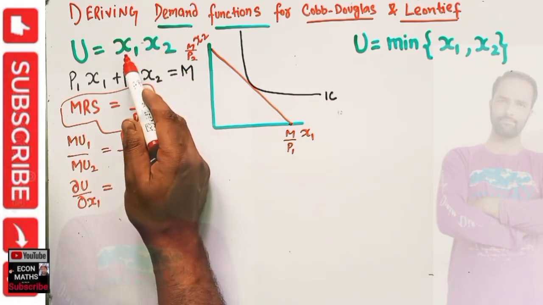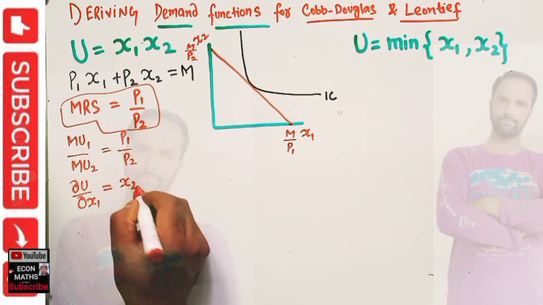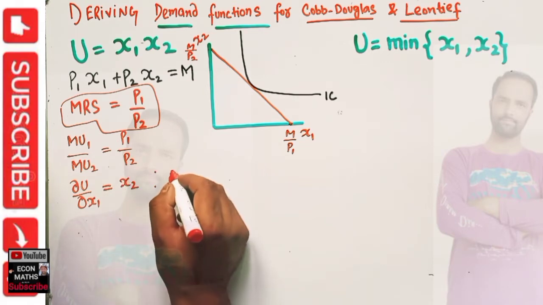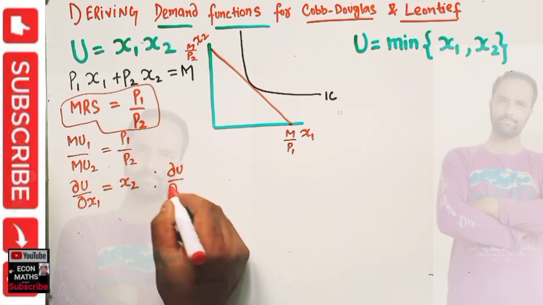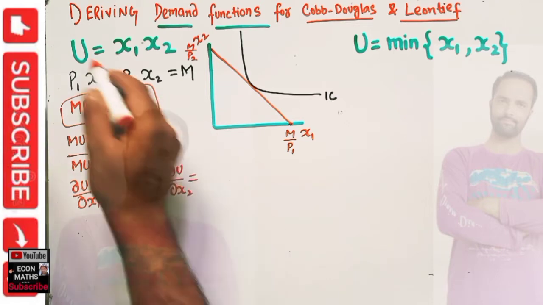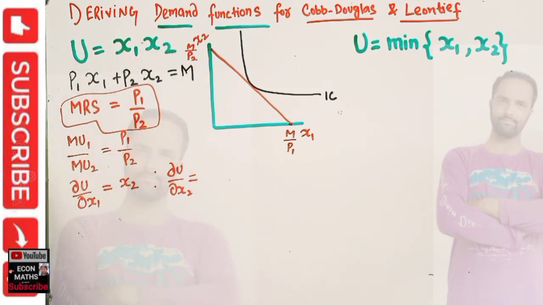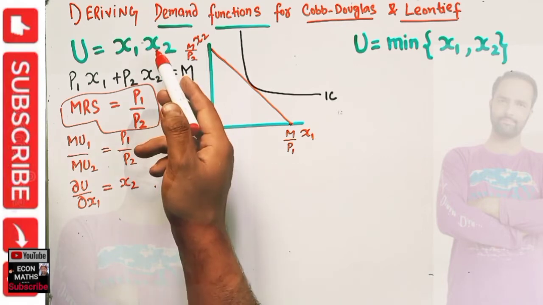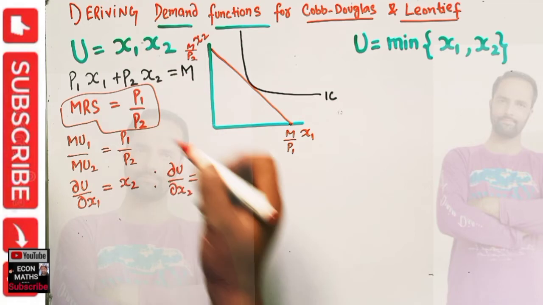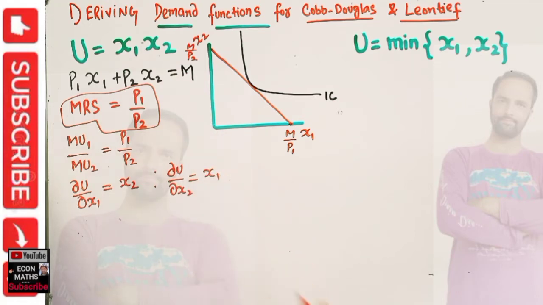Take the derivative of this utility function with respect to x1. The derivative of x1 is 1, so we are left with x2. Similarly, du upon dx2 means taking the derivative of this utility function with respect to x2. The derivative of x2 is 1, so we are left with x1. Simple stuff.